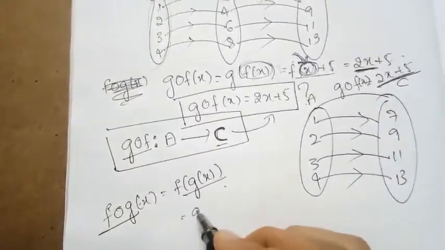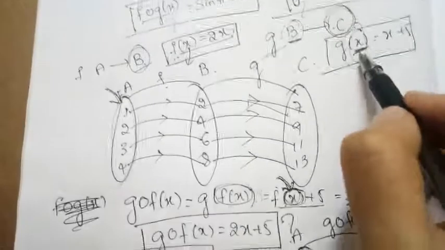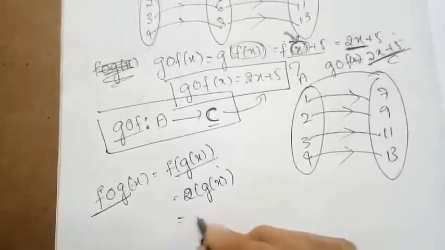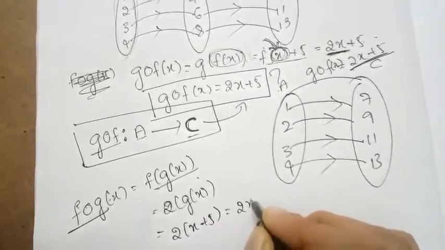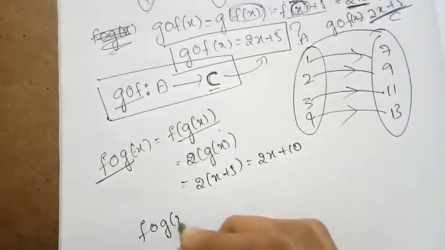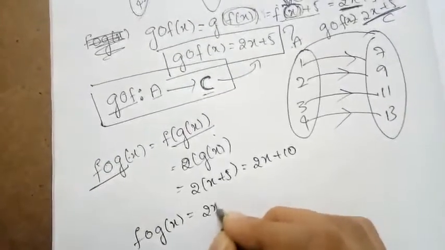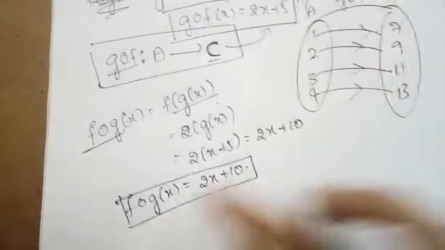It is 2x. So f of g of x means 2 times g of x. What is g of x? x plus 5. So it becomes 2 times x plus 5, which is nothing but 2x plus 10. So the f of g function is nothing but 2x plus 10. We got the composition of the two functions.